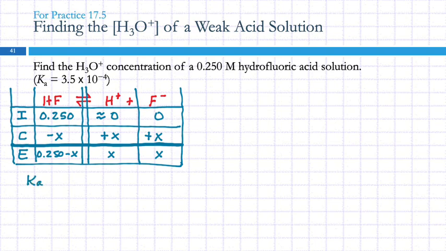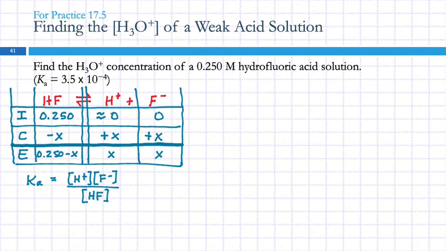Ka for this acid is going to equal the hydrogen ion concentration times the fluoride ion concentration divided by the HF concentration. So we take the concentrations of the products divided by the concentrations of the reactants. So all of this should sound very, very familiar because we did this last week.